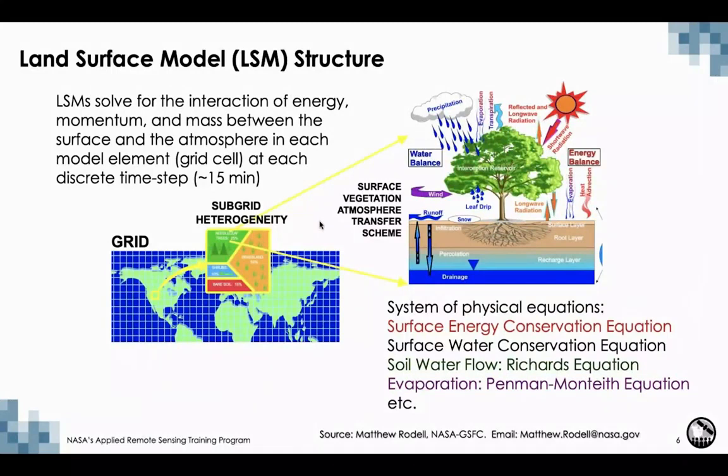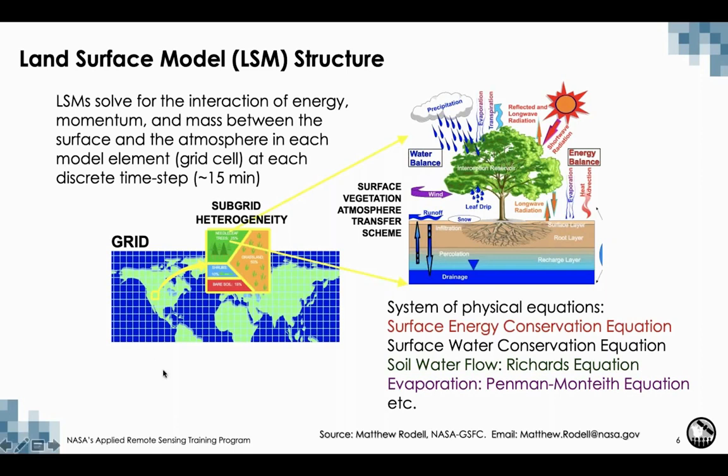So land surface model structure is shown here in general, and I want to point out Dr. Matt Rodell from NASA. He is in charge of LDAS, and if you have any detailed questions, you can contact him. But so land surface models, they usually solve for interaction of energy, momentum, and mass between surface and the atmosphere.